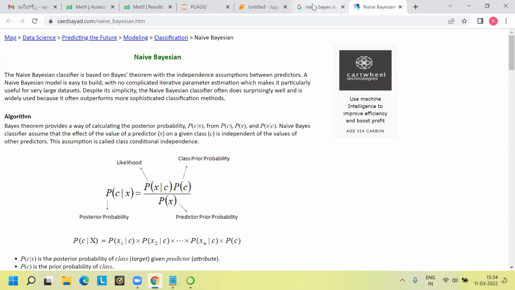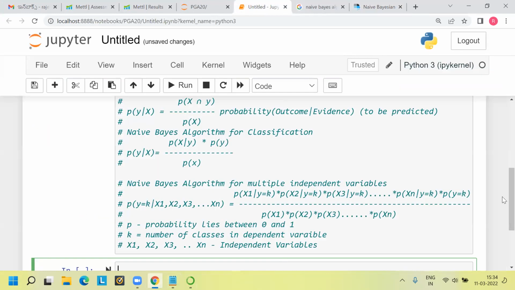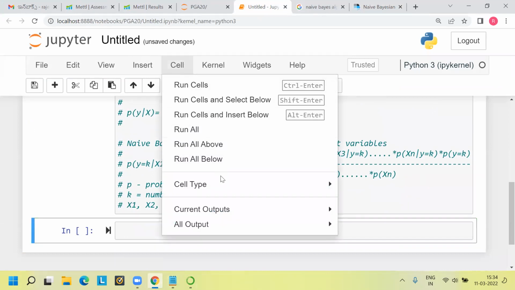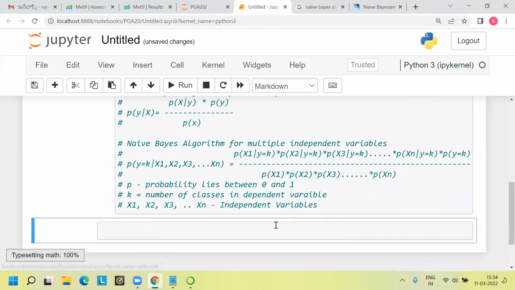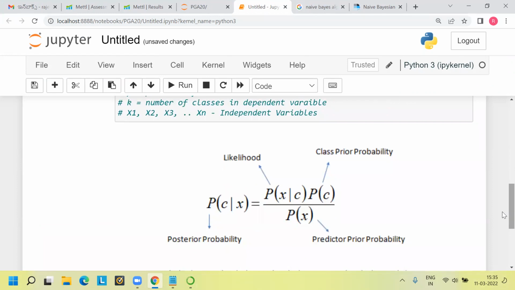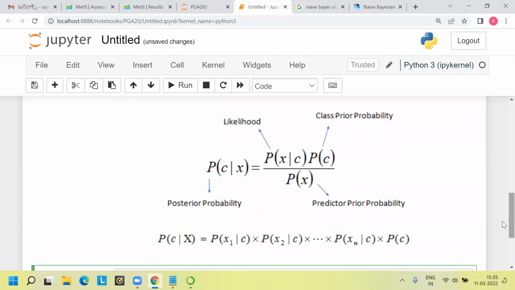Here, this guy has used C instead of Y. Otherwise everything is same. Paste Control V, and then you run the cell, Shift plus Enter.